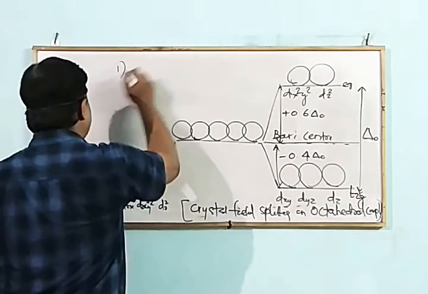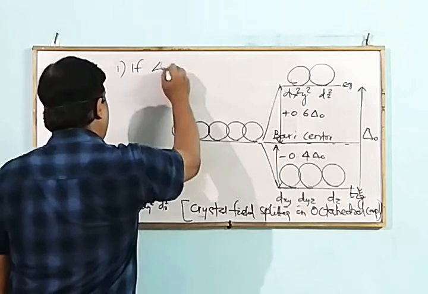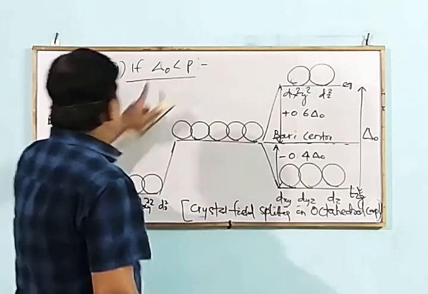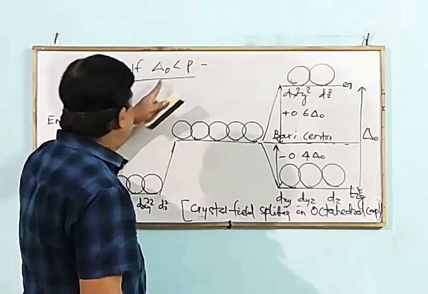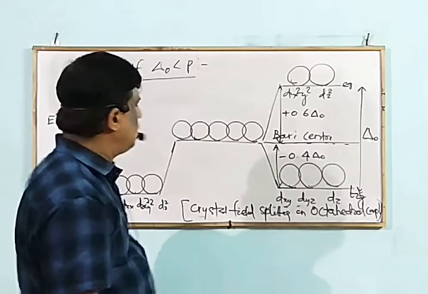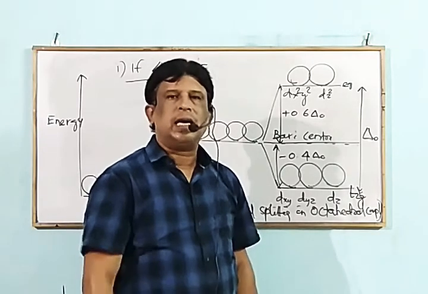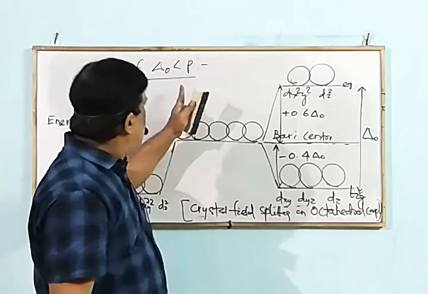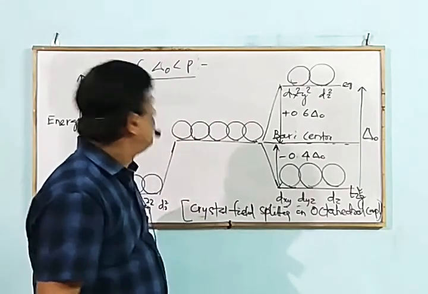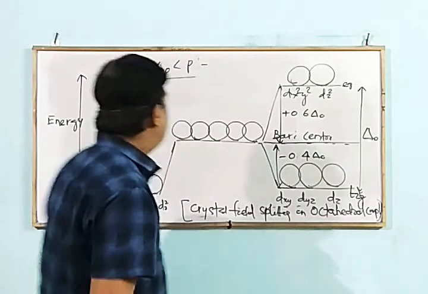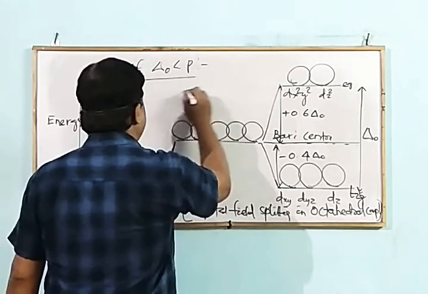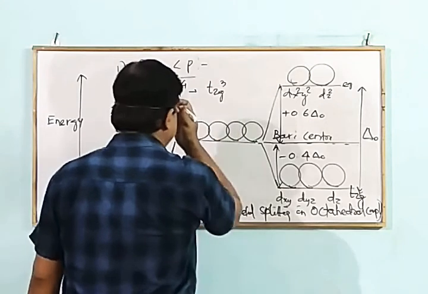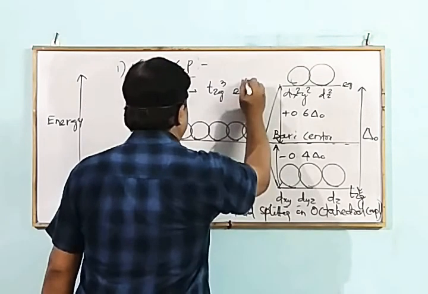Point 1. If del O is less than P, that means the crystal field stabilization energy is lower than the pairing energy, if this is the case, then the fourth electron will occupy one of the Eg orbitals, resulting in the configuration for d4: T2g3 Eg1.